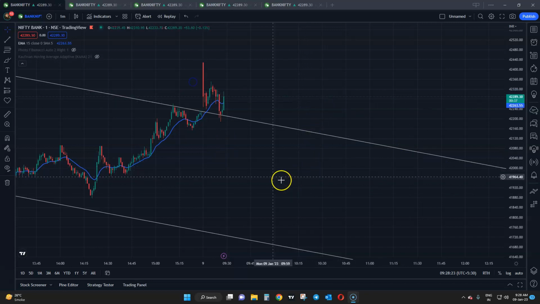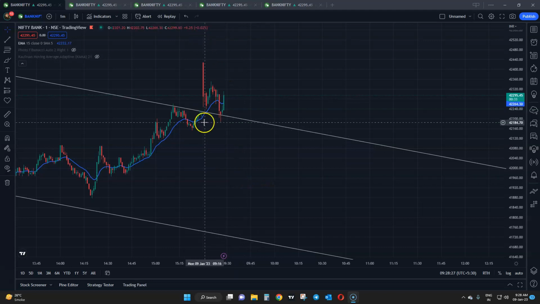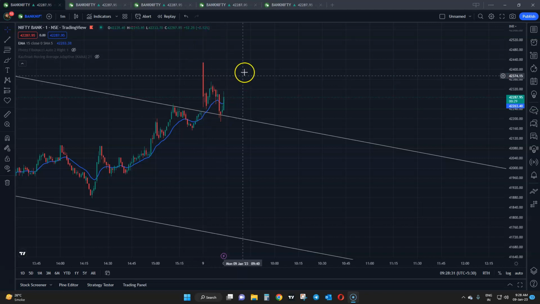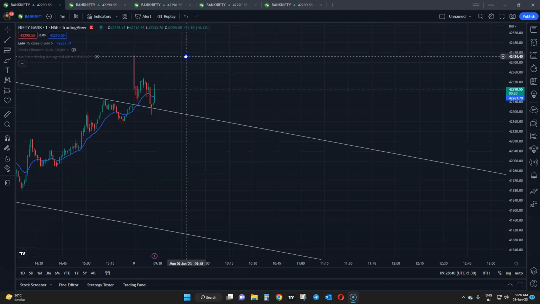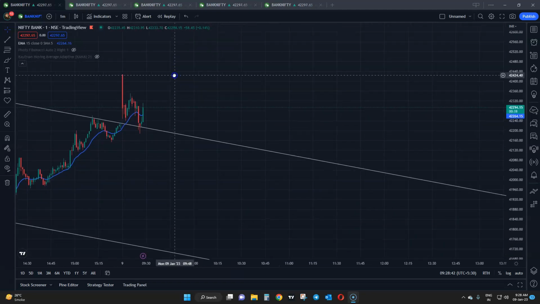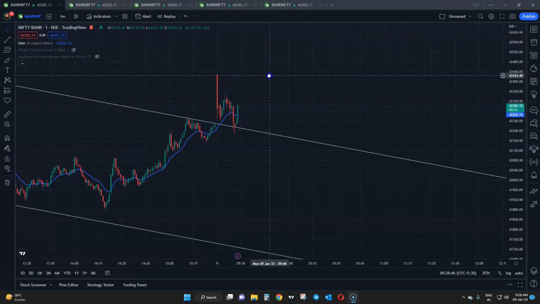Okay, so it's taking support here, going up. See, a spike up would result in a spike down, and then you have a channel formation. Right, so we were supposed to have a bullish channel as per yesterday's analysis.